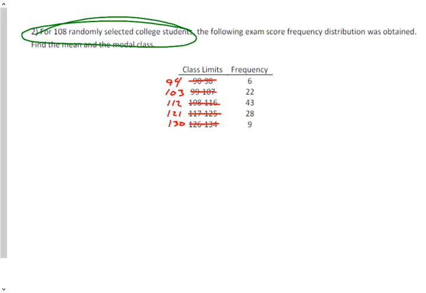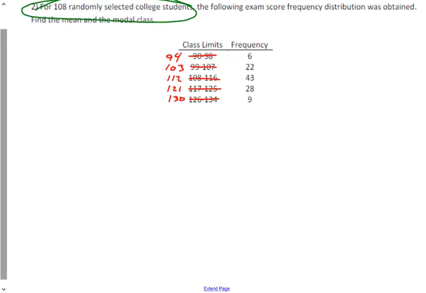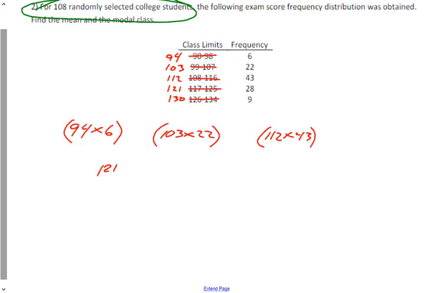So what do I really have here? Well, what I have is that the score of 94 was scored 6 times. I have that 103 was done 22 times. 112 was 43 times. 121 was 28 times.